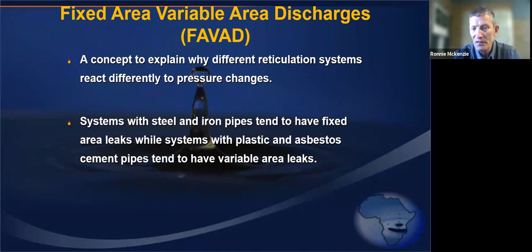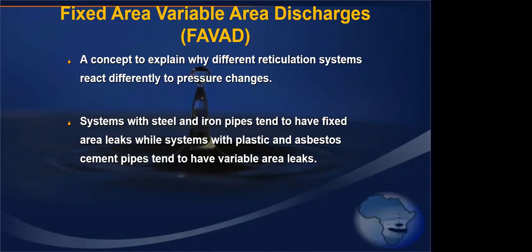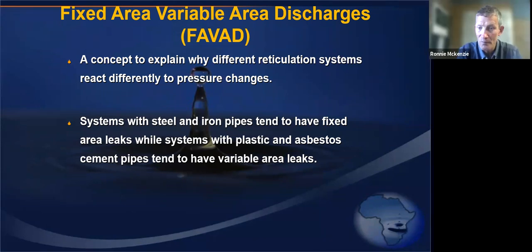And what often happens is, on a pure plastic system, if you double the pressure, the leakage can increase not by 40%, but by 200%, depending on what type of leaks you've got. Those leaks are called variable area discharges. And that is why certain systems are more susceptible to changes in pressure, and why the losses will be more significant in plastic pipe systems than in metal pipe systems. Okay, so I'll just get that out of the way.